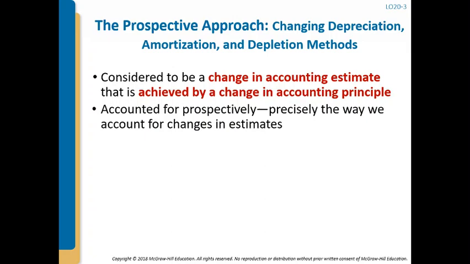That change in accounting principle simply means that you have to justify your reason for making the change in accounting estimate. And so in that case, since it's a change in accounting estimate, even though it's achieved by a change in accounting principle, you're going to account for it prospectively going forward.